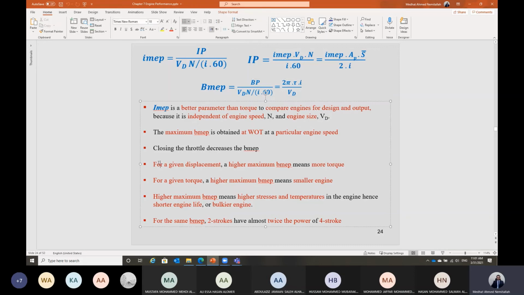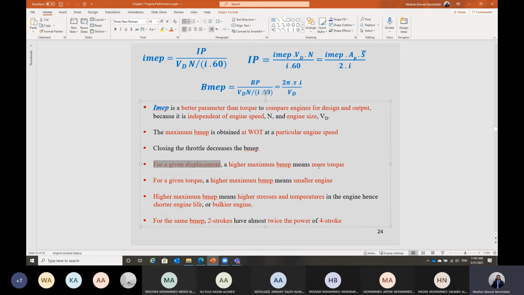So let's look here at the same RPM. If we have two engines of the same displacement volume at the same RPM, the engine with the higher brake mean effective pressure is producing more work.